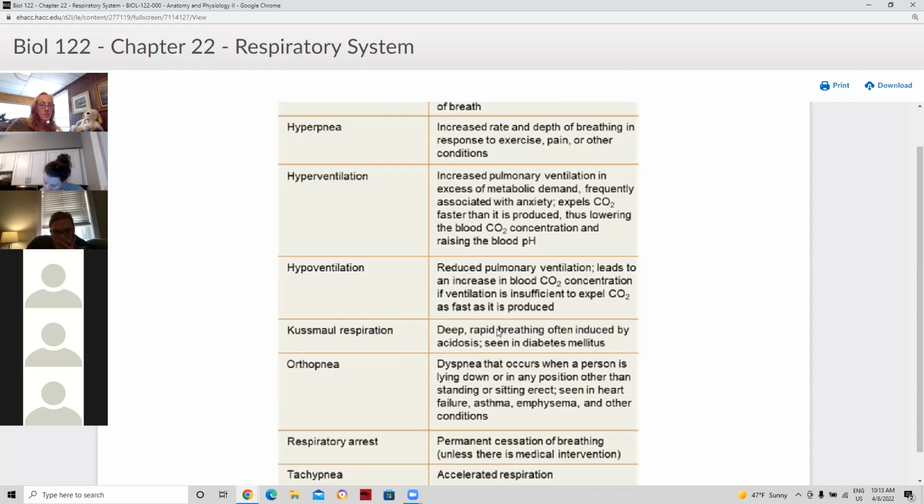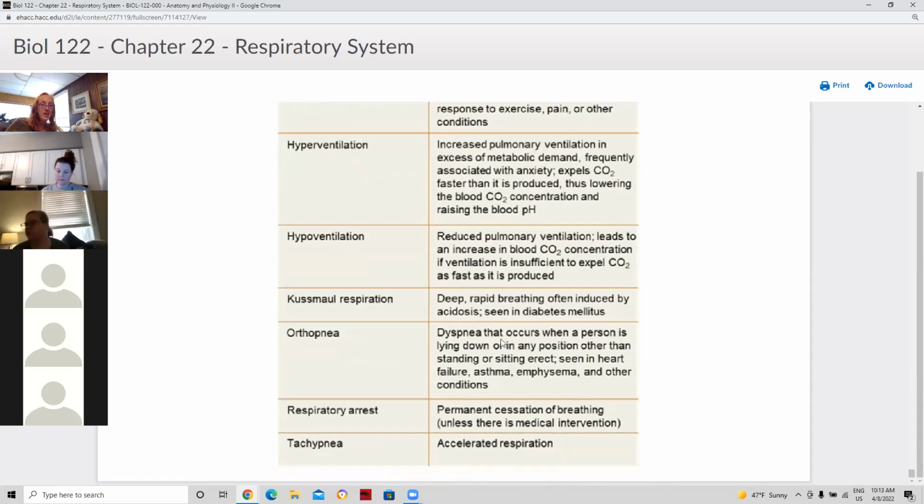Kussmaul respiration is deep, rapid breathing, often induced by acidosis, seen in diabetes mellitus. Orthopnea is dyspnea that occurs when a person is lying down or in any position other than standing or sitting erect. It's often observed in heart failure, asthma, emphysema, and other conditions.